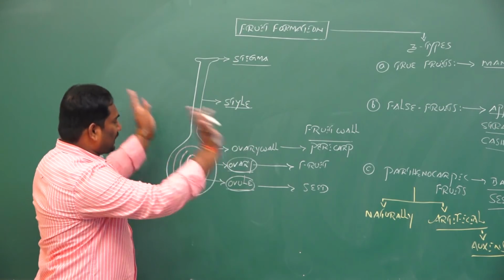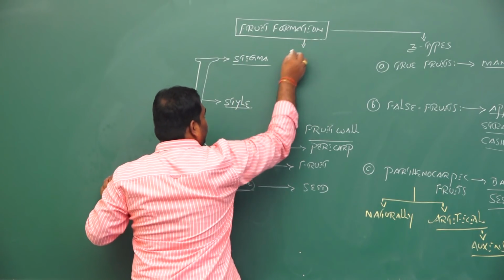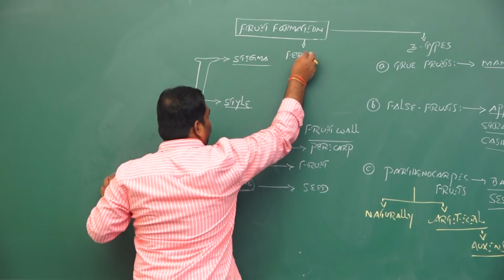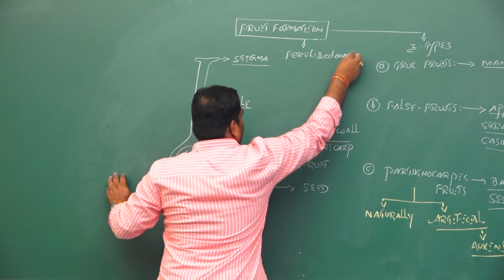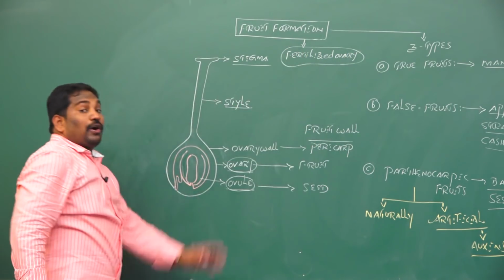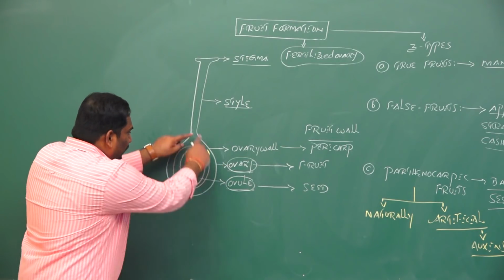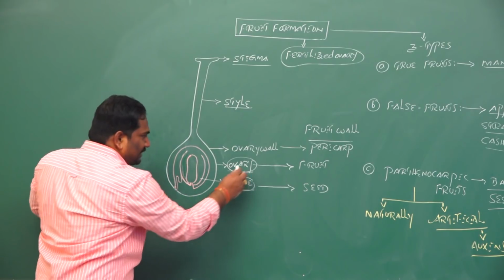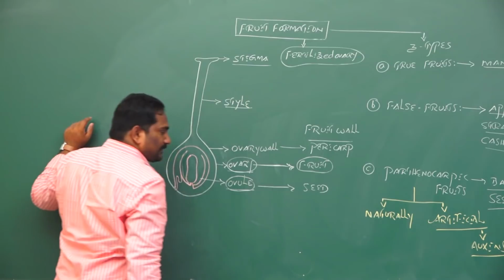Whenever fertilization takes place, the simple definition of a fruit is a fertilized ovary. A fertilized ovary is called a fruit. It is the simplest definition of a fruit. When the ovary is fertilized, fruits are produced.